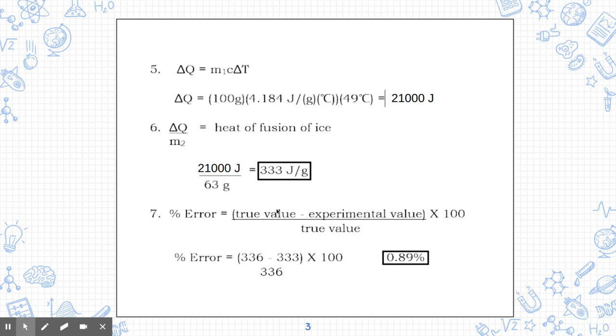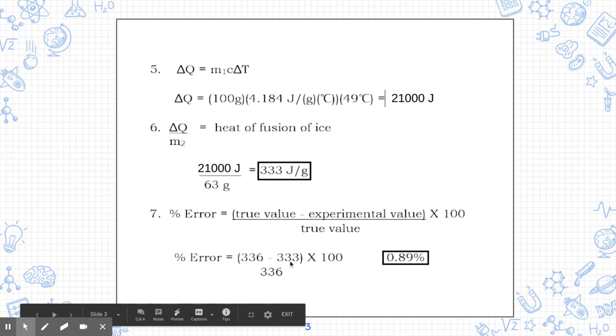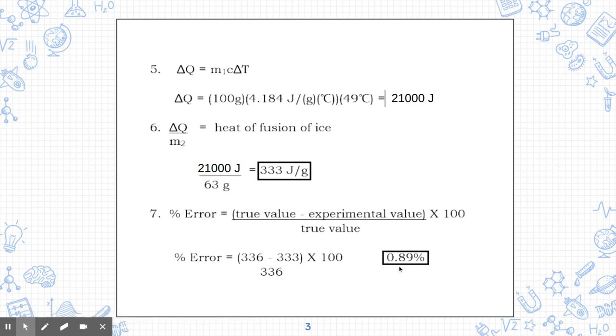So 336 minus 333, divided by 336. The only thing that's going to look different with yours is what your value is right here. So make sure you subtract, then hit enter, divided by 336, enter, times 100, and I got 0.89%.